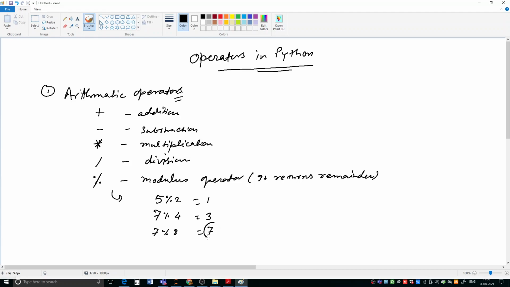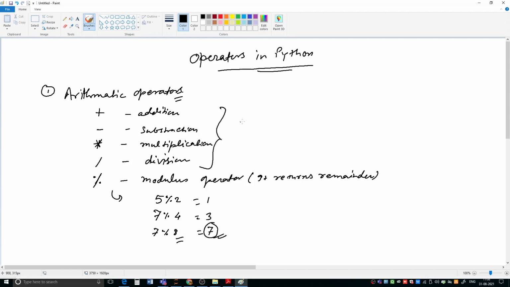Understood? Any doubt in this? Anybody? No, sir. Okay. So this is the remainder operator. Regarding these operators, I hope nobody will have any doubt. This was new, so that's why I explained this one.